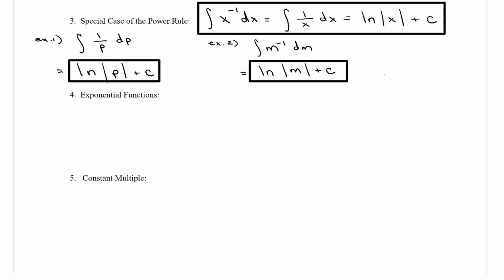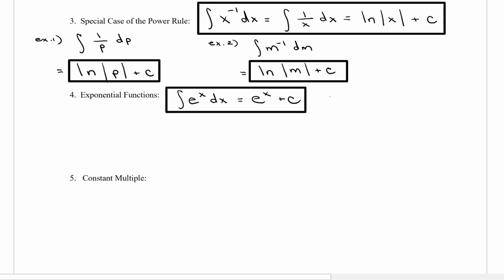All right, number 4, exponential functions. The integral of e raised to the x power dx equals e raised to the x plus c. And let's go ahead and put a box around that rule.